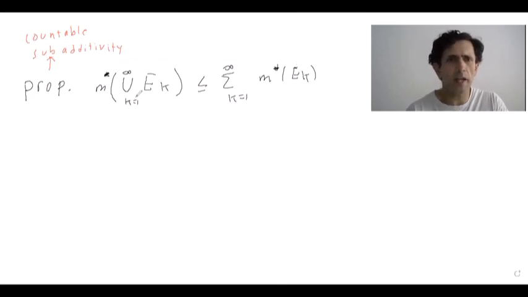I should mention that from this proposition, you can prove finite subadditivity. I'll leave that as homework. I don't know if I'll collect it or not. All that means is the outer measure of a finite union is less than or equal to the finite sum of the outer measures.